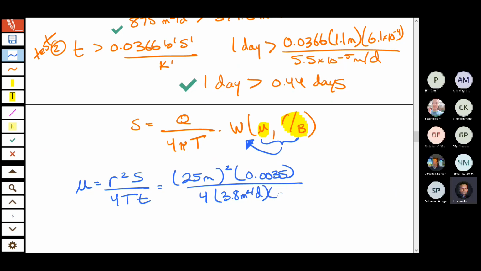And we were running our test for 1 day. So I'm just going to put that in there. And that should be working out to what, 25 squared. I'm just going to round it off to 3 decimal places.